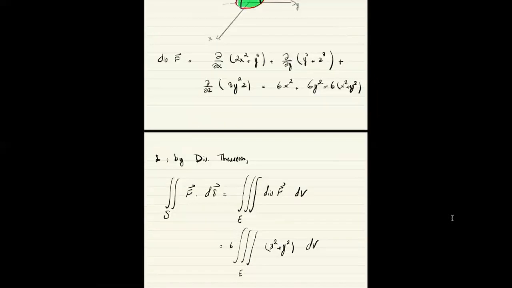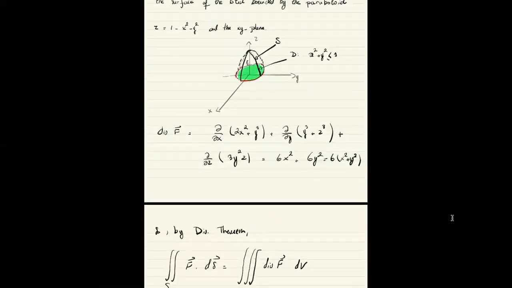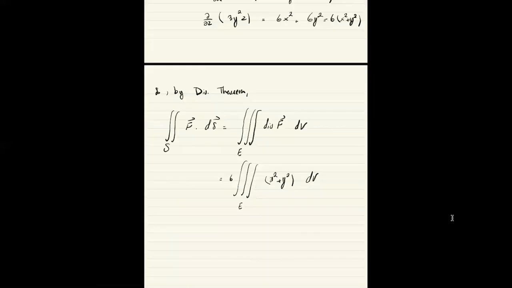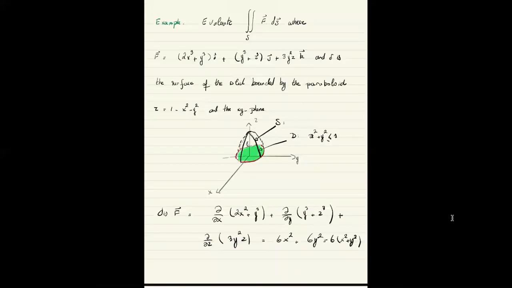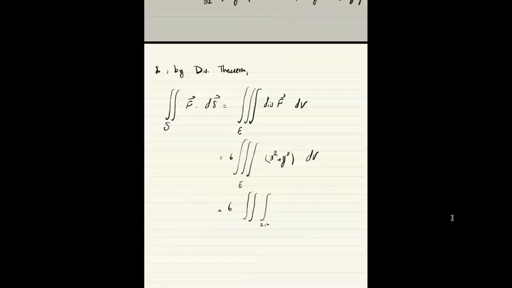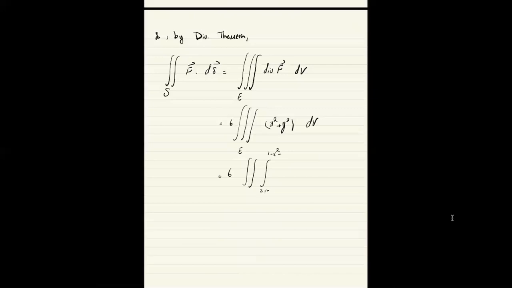How can I describe the solid E? All right, so this will be equal to the integral from z equal to 0 to, because what is the surface here? It's z equal to 1 minus x squared minus y squared, right?